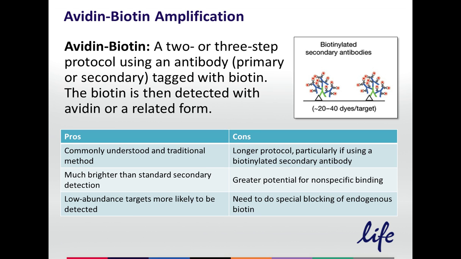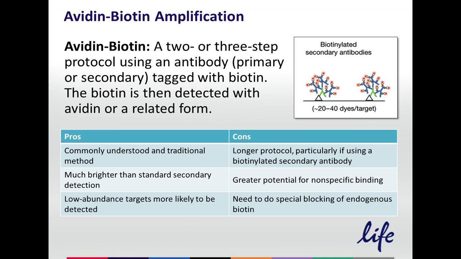However, it is a longer protocol, so now you can have up to 3 different steps, each one taking maybe 20 to 30 minutes, plus washes and fix and perm. And as I mentioned before, with every additional step, now you have the potential for nonspecific binding increasing. So you need to block each step with BSA. Also, cells have endogenous biotin, mainly in the mitochondria.